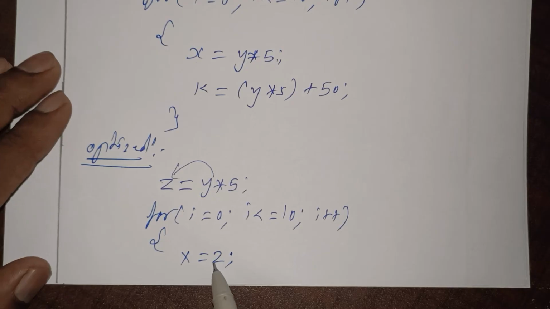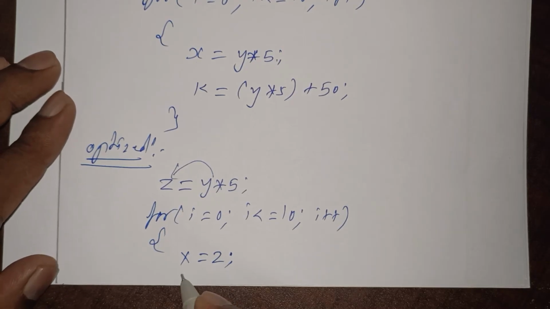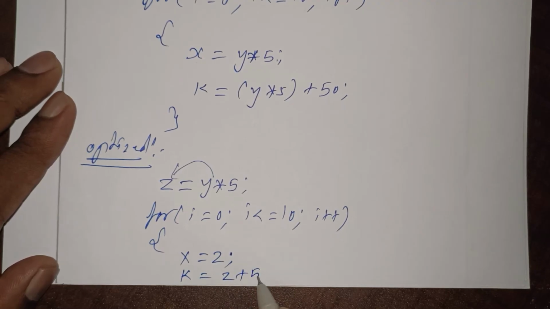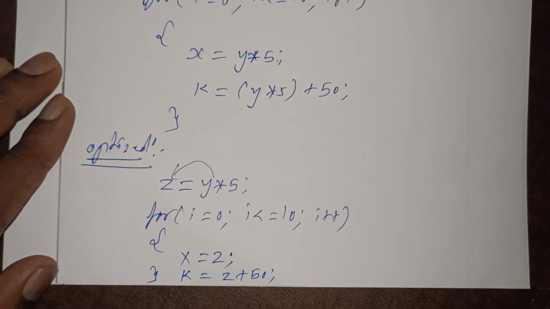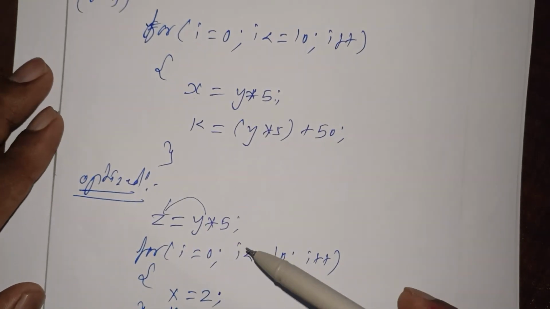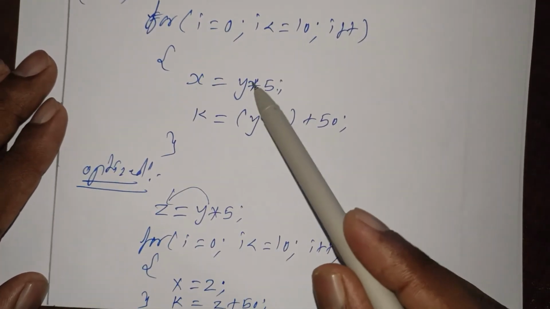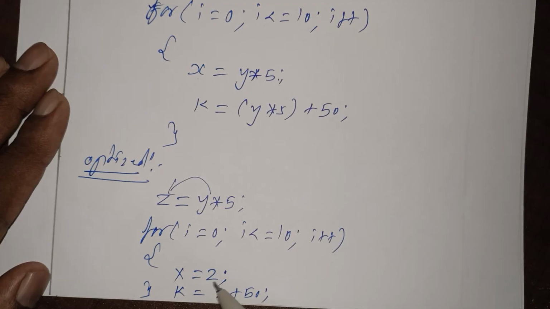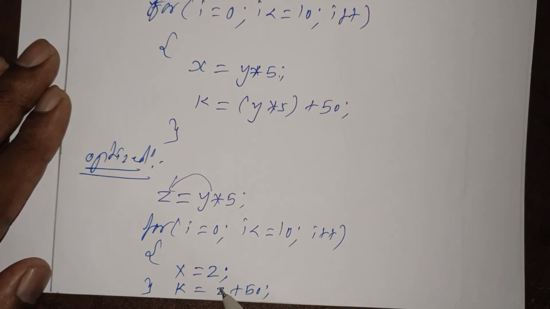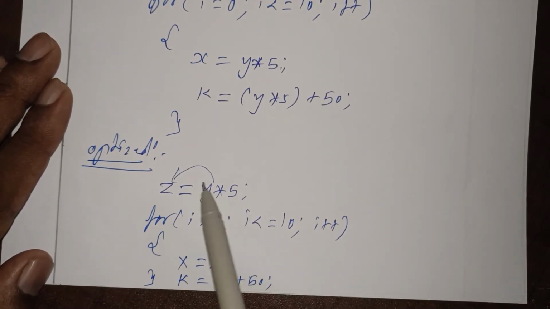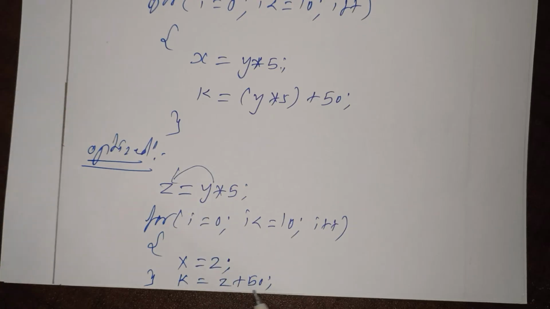So x is equal to z. So what to write in this particular thing? K is equal to, you write the same z value, z plus 50. Now compare this code. See here, instead of y asterisk 5, the value has been initiated as z. So what is z? y asterisk 5. It was declared globally. So that's the process.